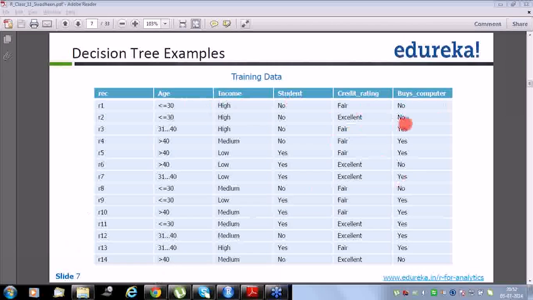Now, the question is, if we draw the tree it can be started from age, or income, or student, or credit rating. But which to choose, and how does the algorithm choose what variable would be at the root node or the starting node? For that, let's move on with the example.